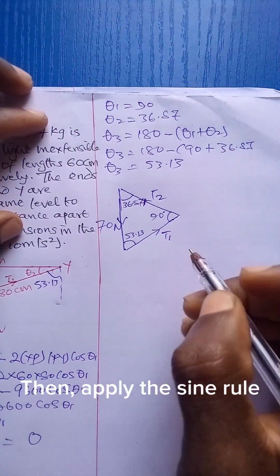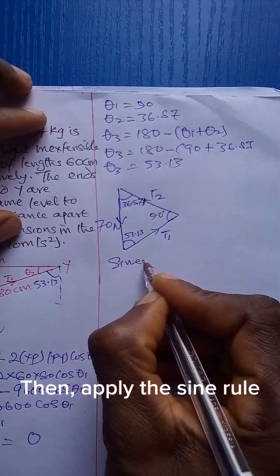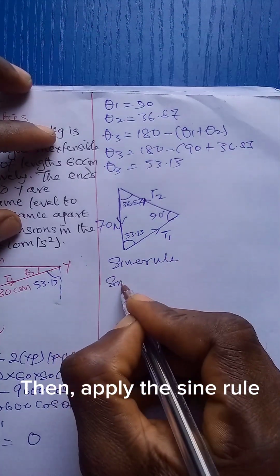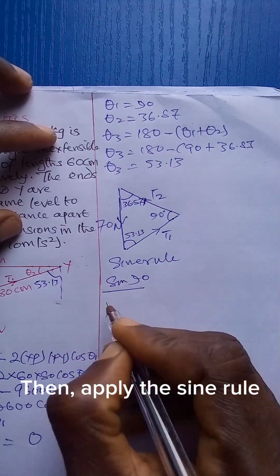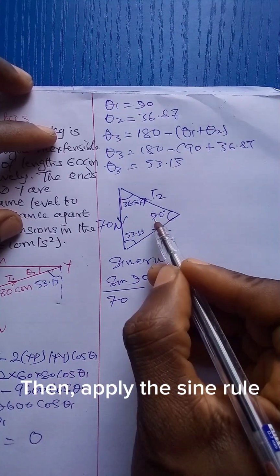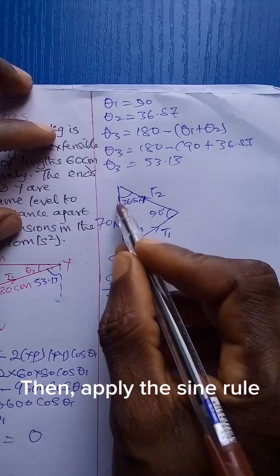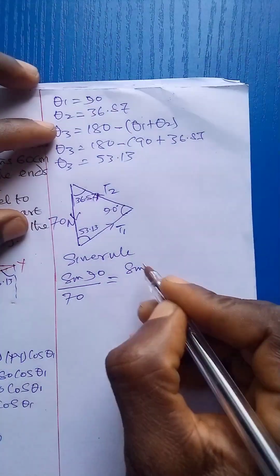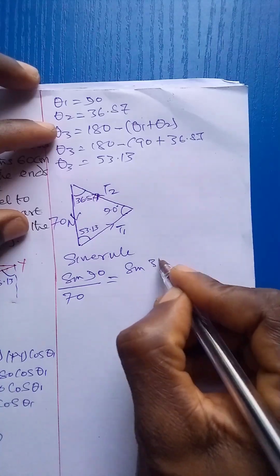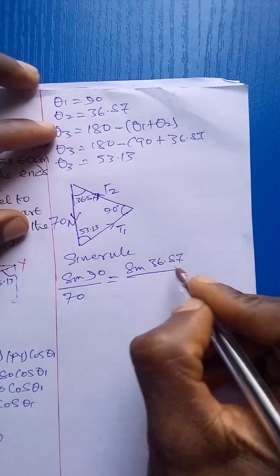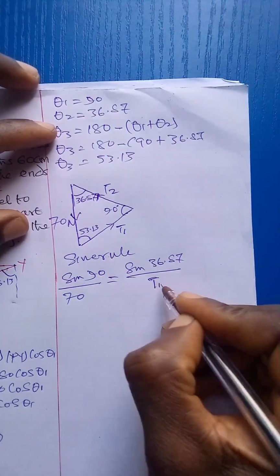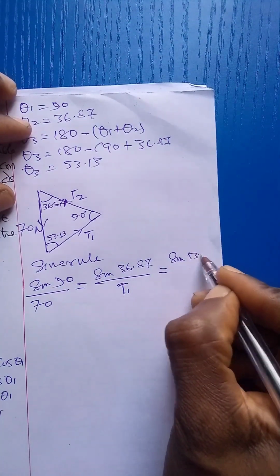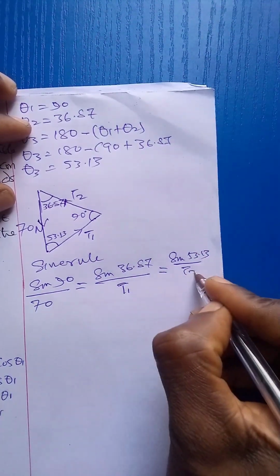What I need to do now is to apply the sine rule. The sine rule has it that sine 90 all over 70, that is the sine of the angle to its opposite side, is equal to sine 36.87 all over T1, which is equal to sine 53.13 all over T2.